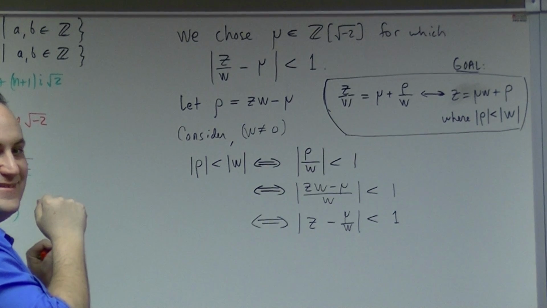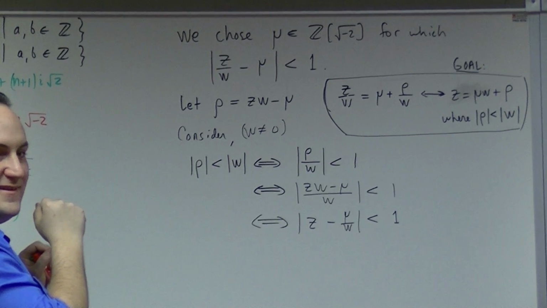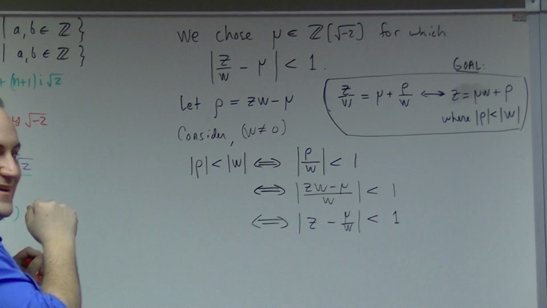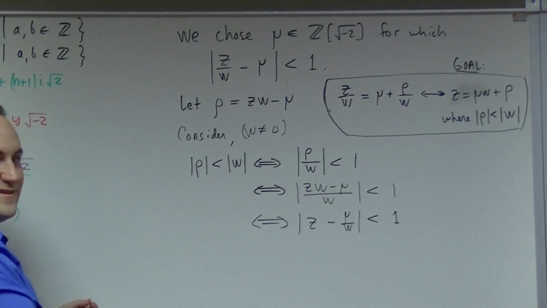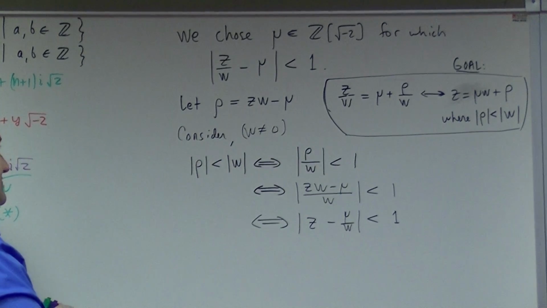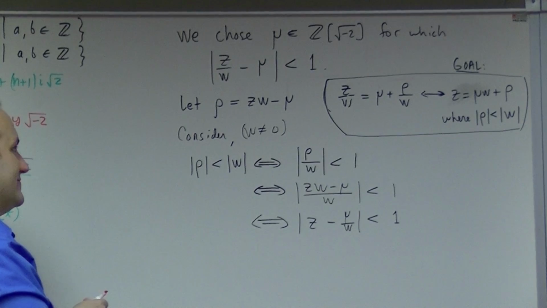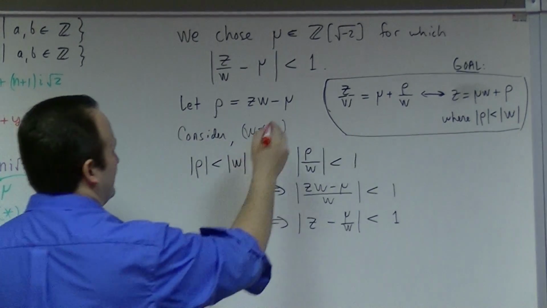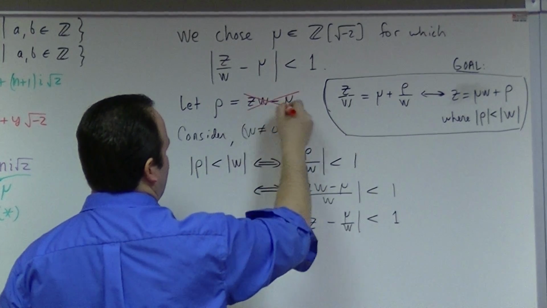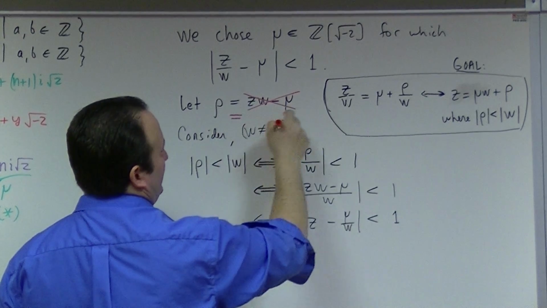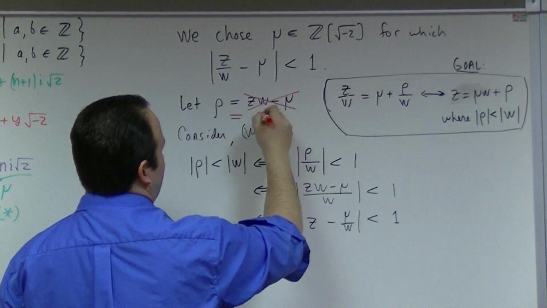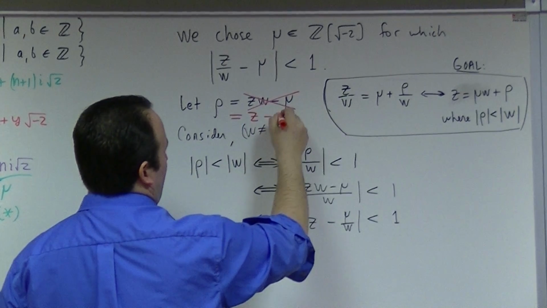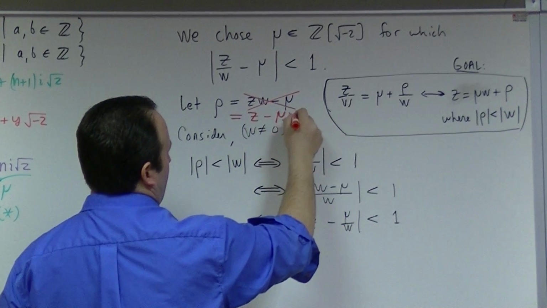You do not. Is that a good definition for rho? No, it is not. What should I have written here? Can you guys fix it? I should have written z minus what? Mu w. Correct. That makes sense.